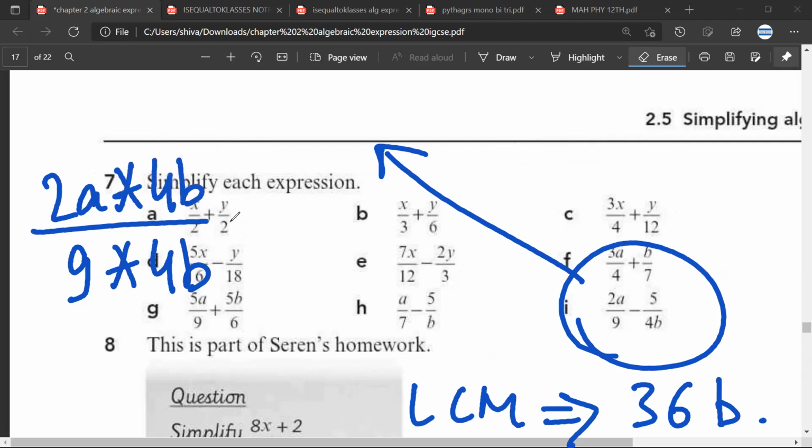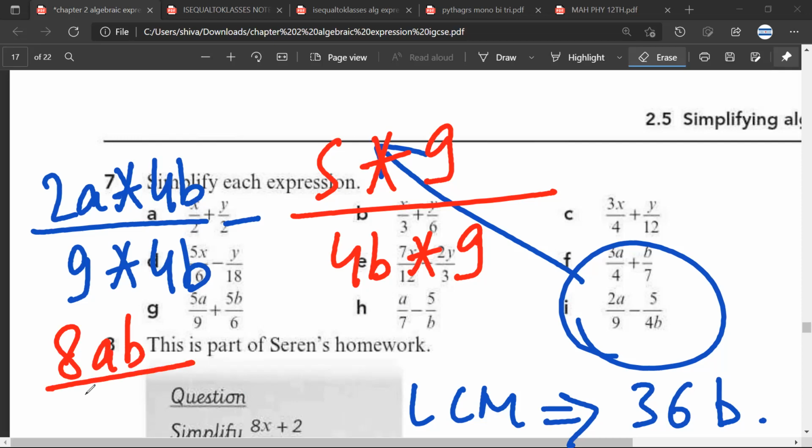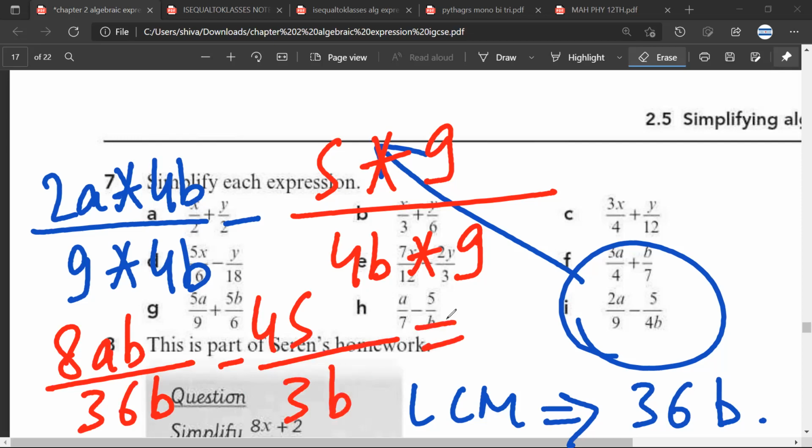Then we have to do minus 5 into... so it's 36b.